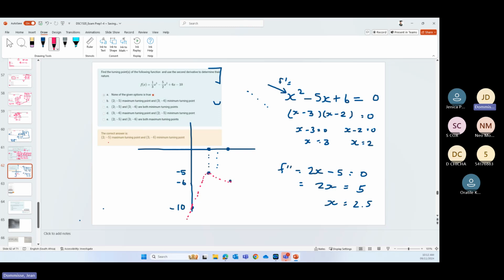That's your maximum turning point, that's your minimum turning point, and then it goes back and does that. So that is how this graph will look. But very important is also to see that minus 10.